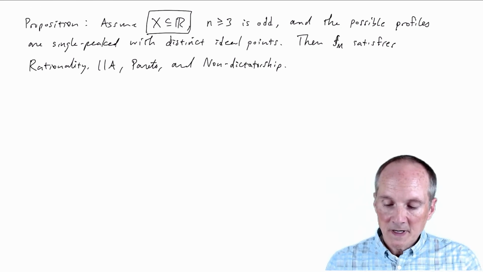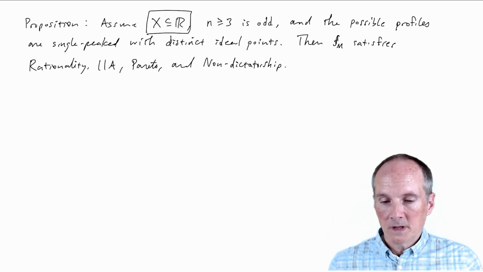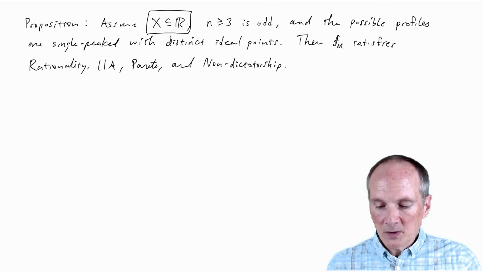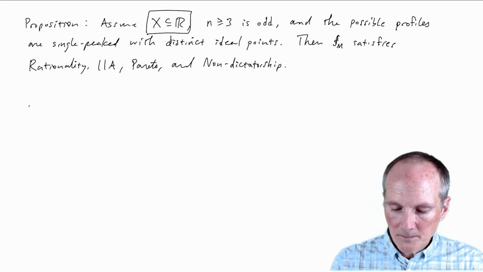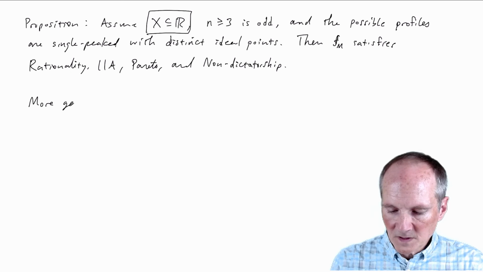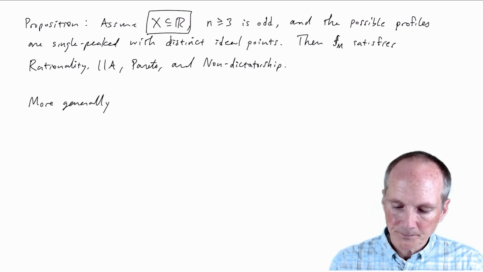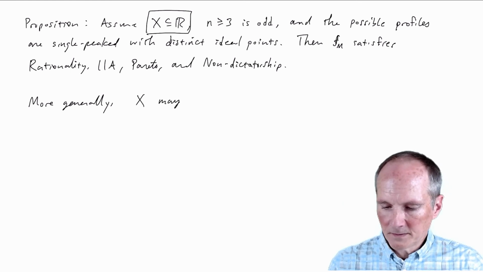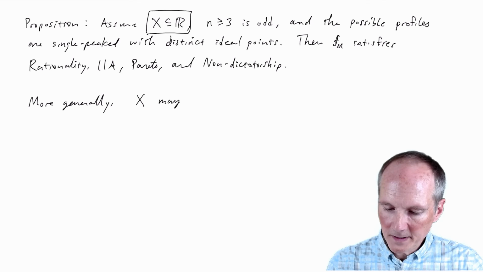Very last point is that the analysis that we've done is a little bit more general than that, because suppose that we have a set of alternatives that's not a subset of the real line, okay?